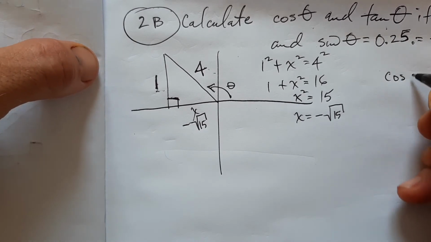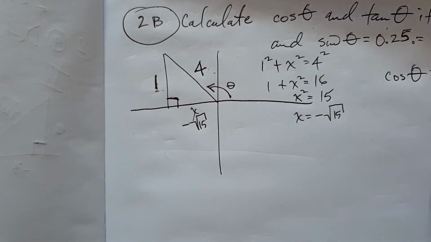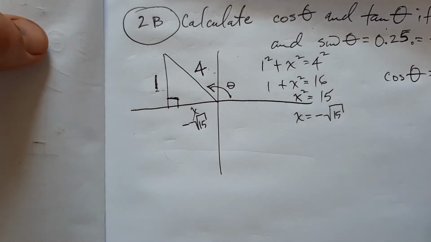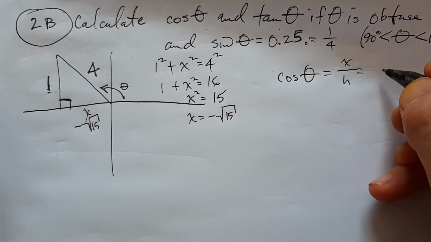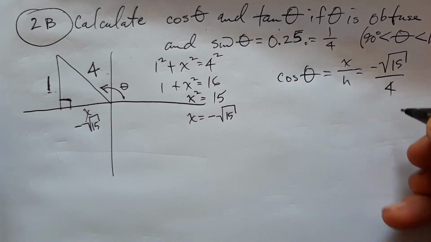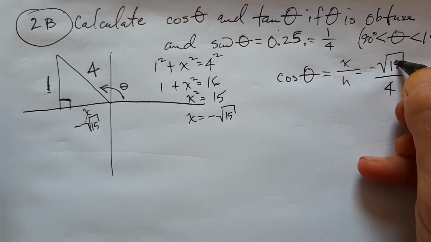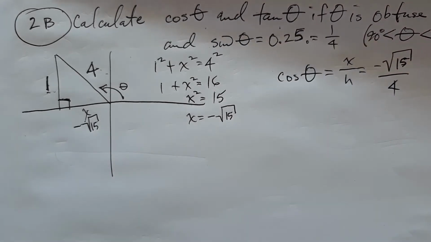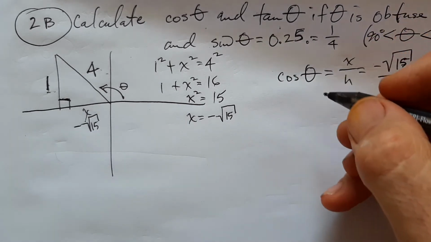Cosine of theta equals x over the hypotenuse, which equals negative square root of 15 over 4. You can't simplify that radical anymore. It didn't say, so we'll go with the exact answer, not an approximate answer. We won't stick that in our calculator.